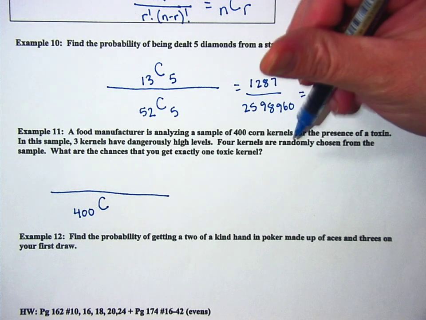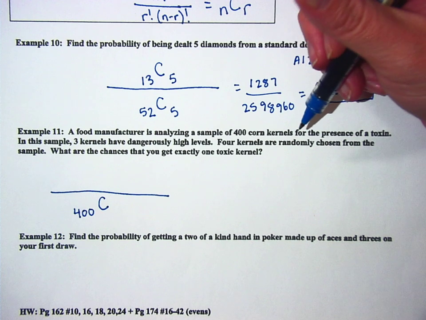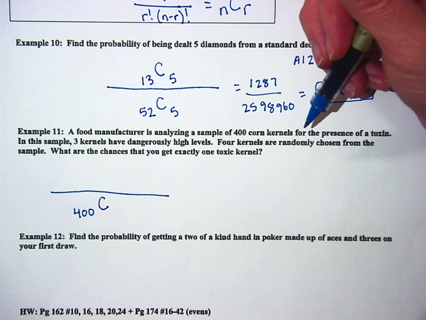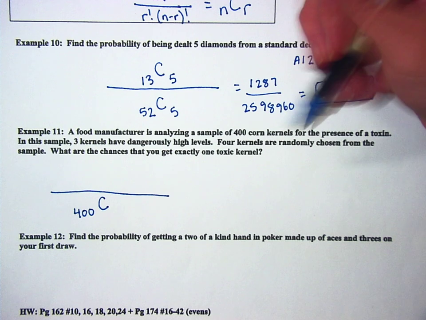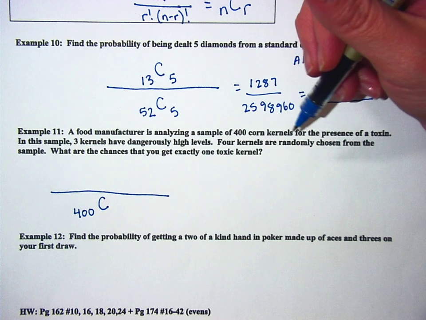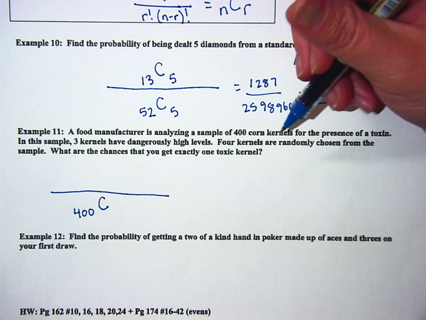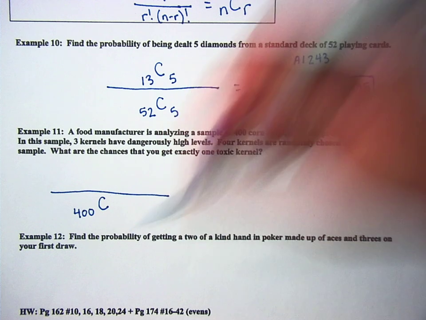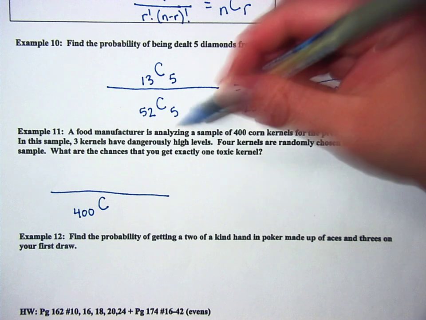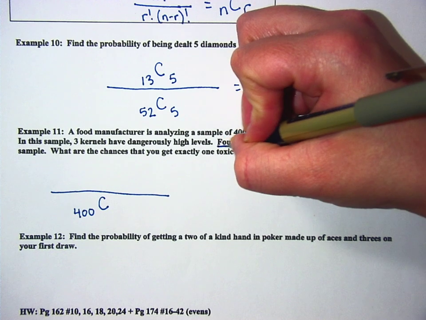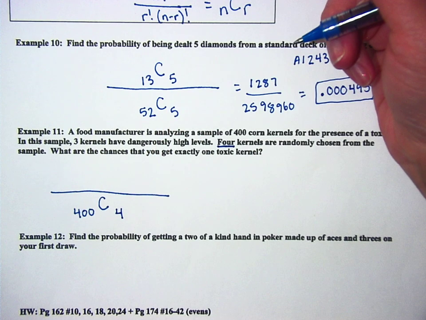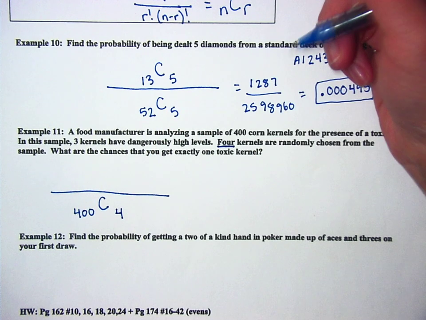This is super important in farming and stuff like that because somebody will say, oh, well, you just happened to pick a bad kernel, and the truth is that the possibility of them picking one is very, very hard to get. So we'll see that. 400, and we're picking 4 kernels. So that's all the different combinations of kernels I can get.